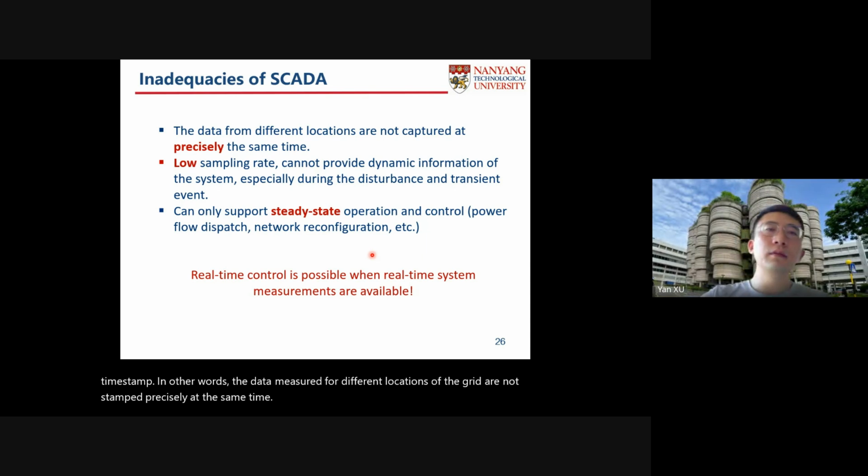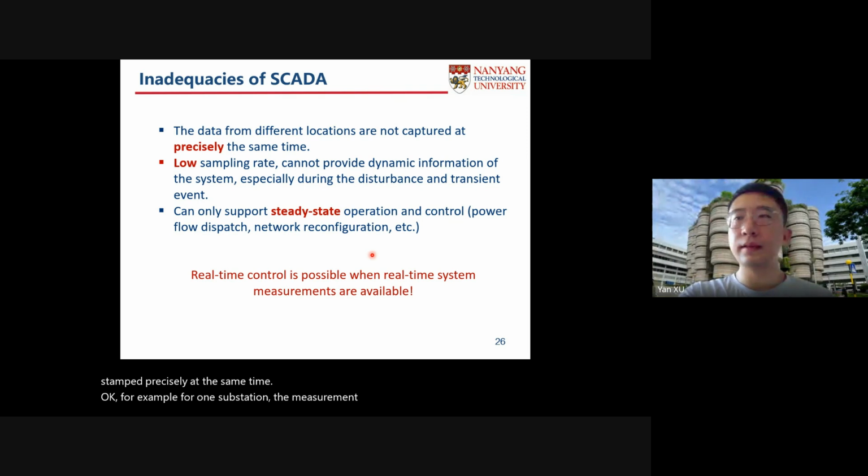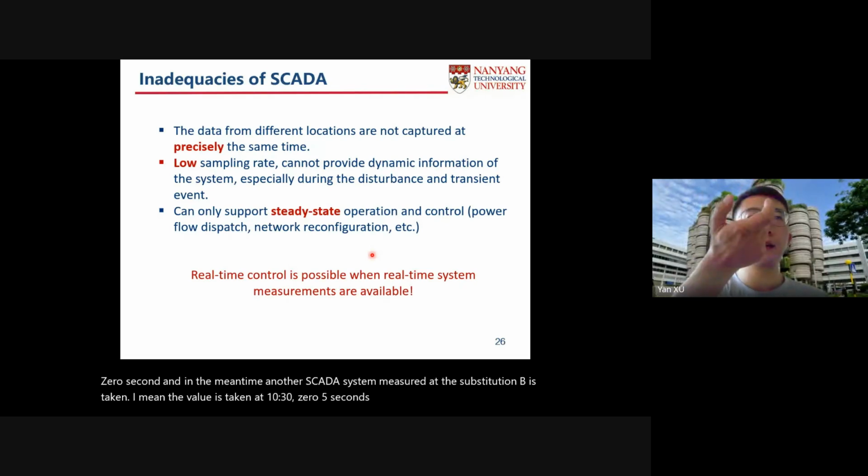For example, for substation A, the measurement was taken at, let's say, 10:30:00. And in the meantime, another SCADA system at substation B takes its value at 10:30:05. So you can see that there is a 5-second time gap.